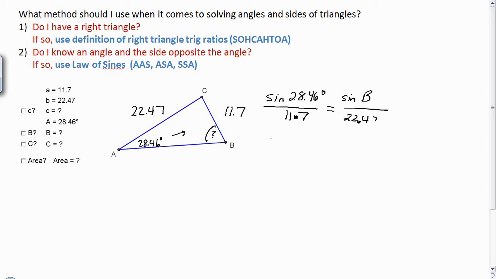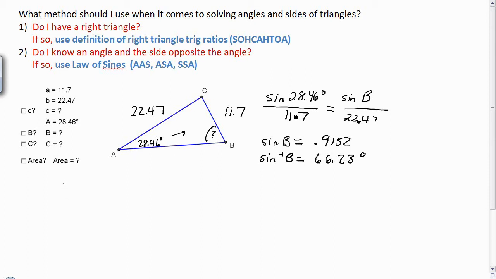So with a little cross multiplying and then dividing by 11.7, I can determine that the ratio of sine of B works out to be 0.9152. So if I use the inverse function, it says that my angle B would be 66.23 degrees. And you would think you would be done because you visualized the blue triangle.